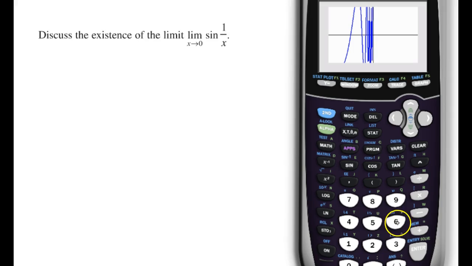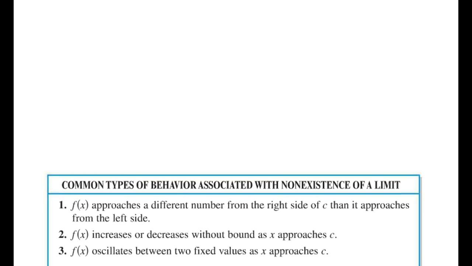And it turns out that as we zoom in, it just oscillates up and down, up and down. And as we get closer and closer to 0, we just get more and more oscillations. So, since it doesn't settle on any one value, it's bouncing backwards and forwards, up and down, we're going to say that this limit does not exist.